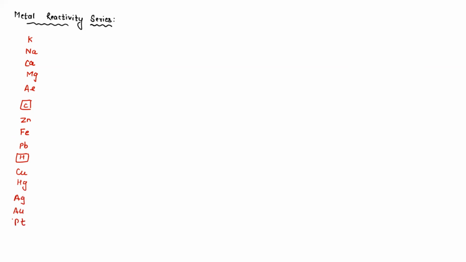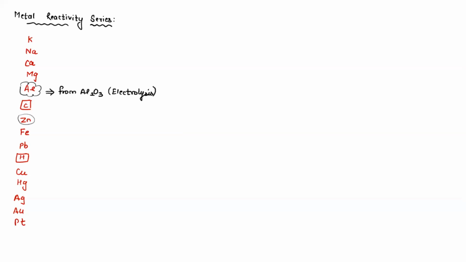Now, if you look at this reactivity series, you will understand that we have already done extraction of aluminium. How was extraction of aluminium done? It was our first topic. Aluminium was extracted from Al2O3, aluminium oxide, by which process? Electrolysis. Yes, so aluminium was extracted from Al2O3 by electrolysis.